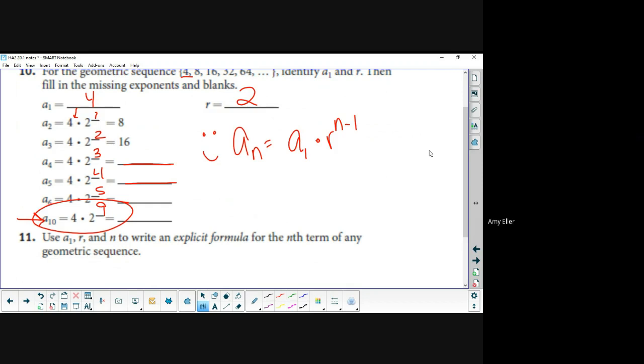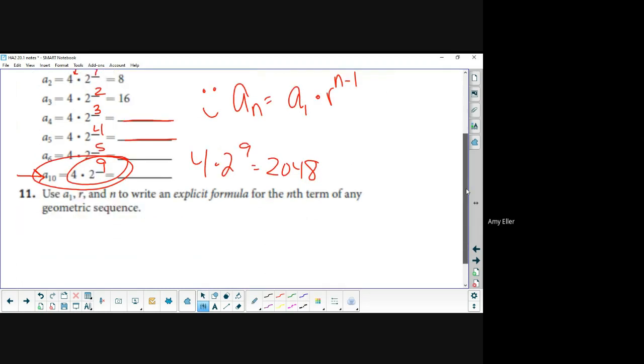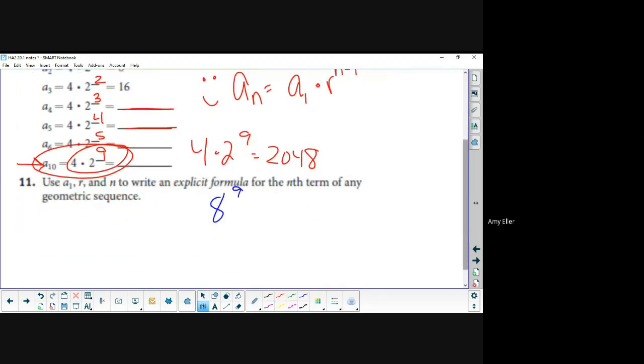Are we all pretty comfortable with finding or typing this in our calculator? Let's make sure we can do that. If you're not comfortable, haven't done this much before, type in 4 times 2 to the 9th power. Is this the same as 8 to the 9th power?